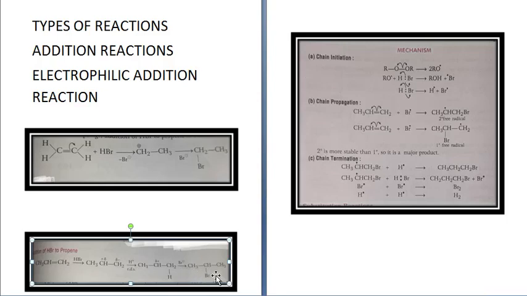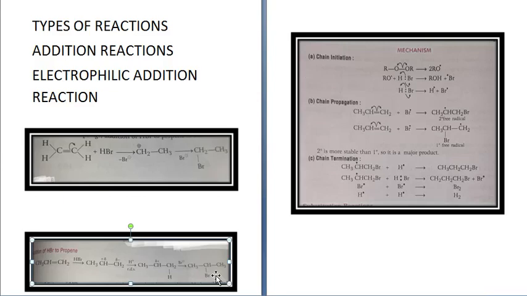Alright, now the addition of HBr to unsymmetrical alkene takes place according to Markovnikov's rule. What is Markovnikov's rule? It says that the negative end of the reagent attaches itself to that carbon which has lesser number of hydrogen atoms.